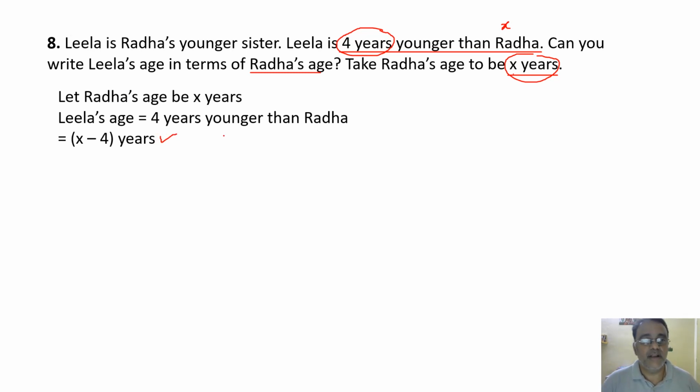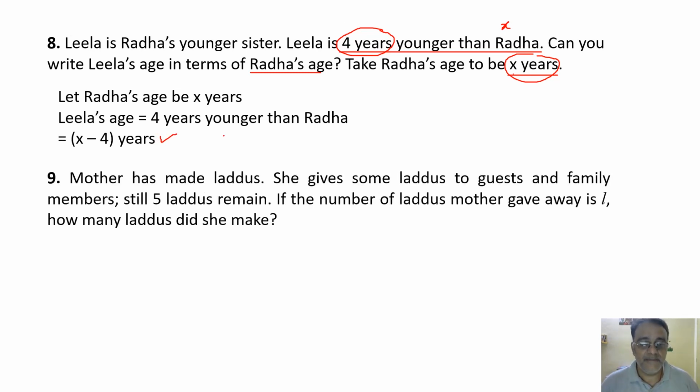Okay, now we are moving toward question number 9. Mother has made laddus. She gives some laddus to guests and family members. Still 5 laddus remain after giving to everyone. If the number of laddus mother gave away is L. L सबको distribute कर दी, लेकिन अभी भी 5 बचा हुआ है.